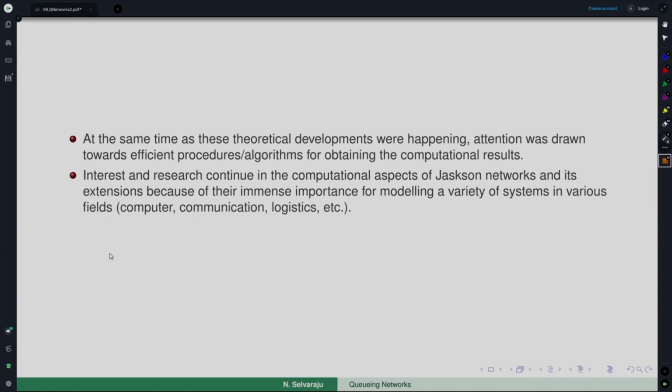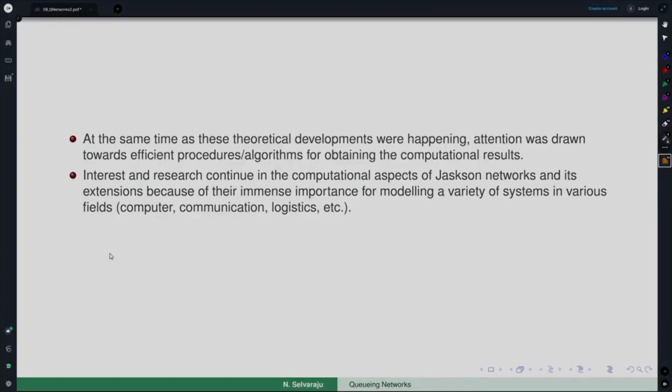Obviously, in a closed queuing network, that's inevitable, but in the open case also, within that form, we are calling it a product form network. So, again you will have a normalization constant. Now, how you compute it in an efficient way, all that aspect also has to be looked at. Otherwise, theoretically you are developing, but the applicability will be limited if you do not have a procedure for that. So, side by side one has to look at that aspect as well.